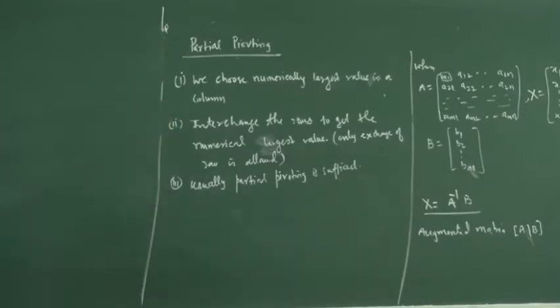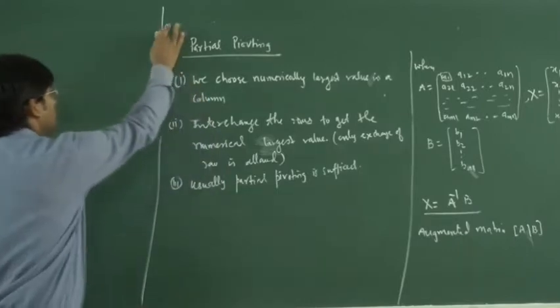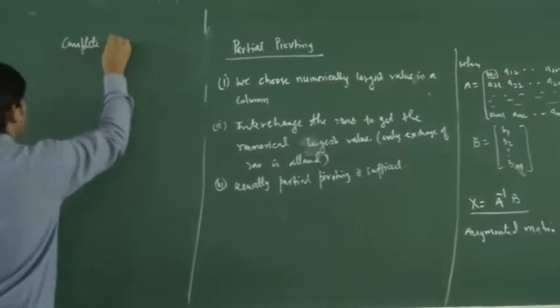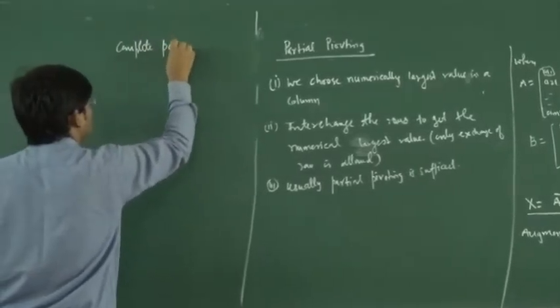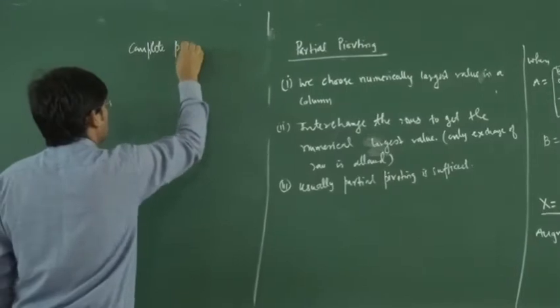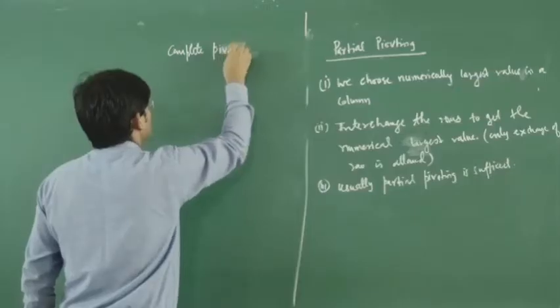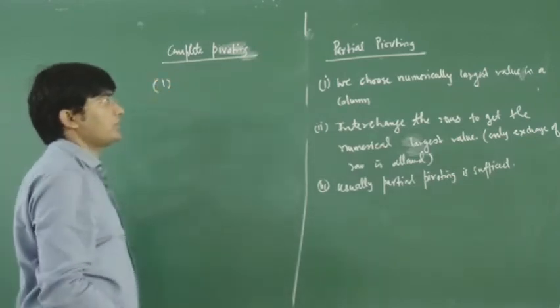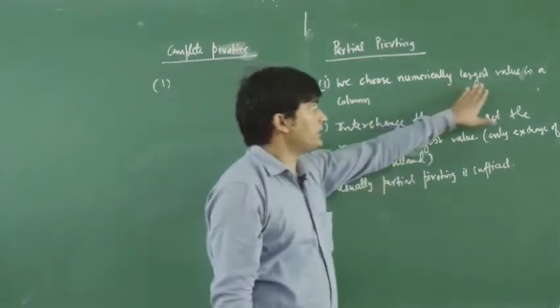Again, to achieve the numerical stability of an algorithm, we will choose complete pivoting. So in complete pivoting, again we will choose the numerically largest value.